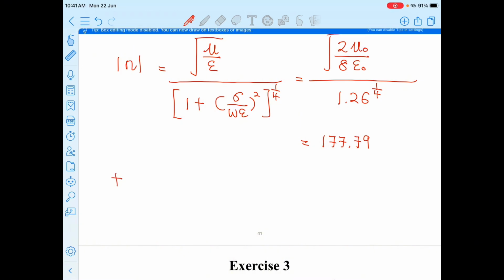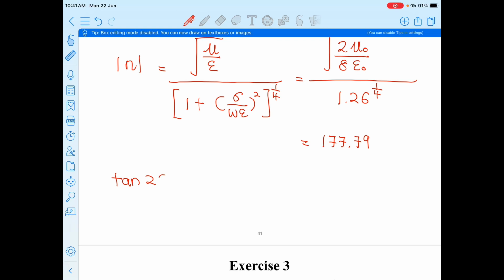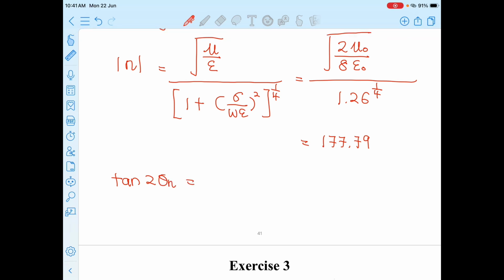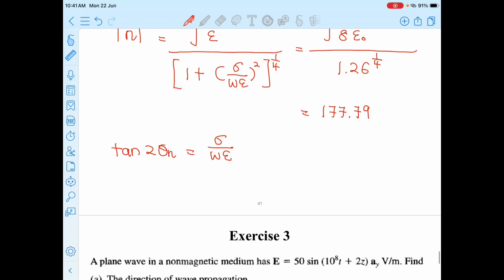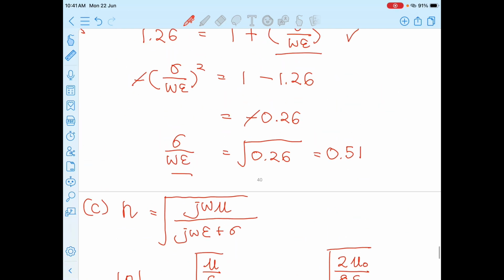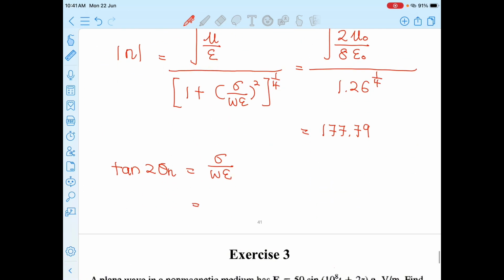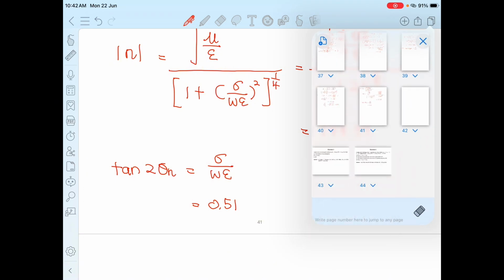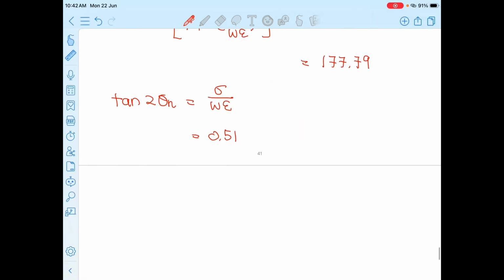And for the angle, we have to apply this formula. Based on the loss tangent that we calculated just now, which is 0.51, we can find the arc tangent.